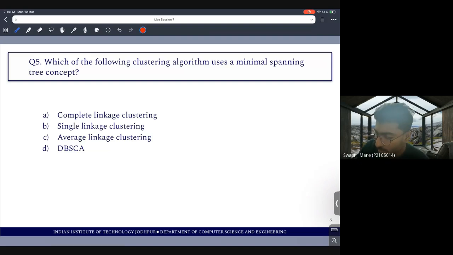So, this clustering uses a minimal spanning tree. First of all, understand what exactly a minimal spanning tree is. You have points, and these points represent nodes or vertices in a graph. We have to draw a graph which is connected, but does not have a cycle.